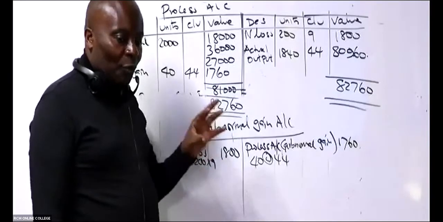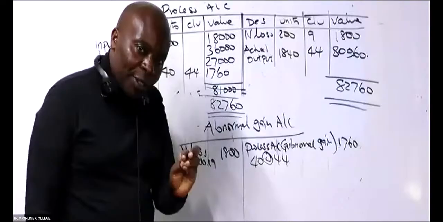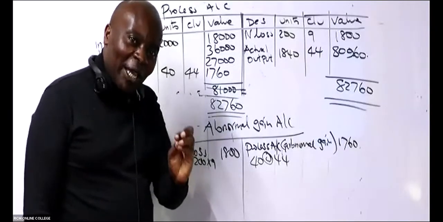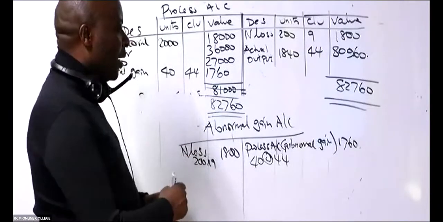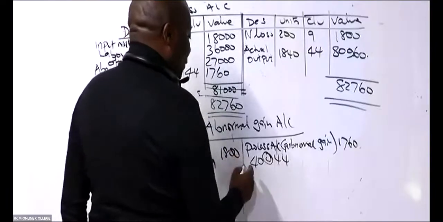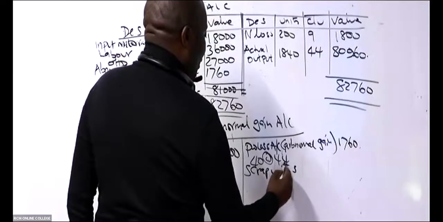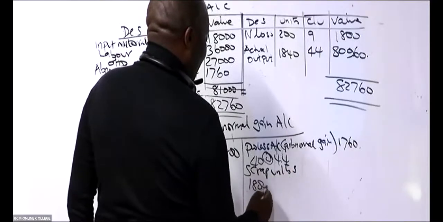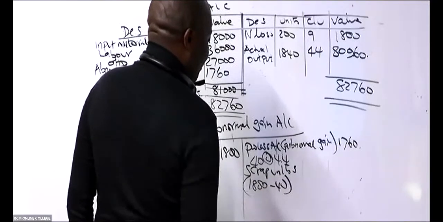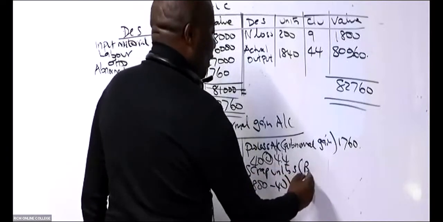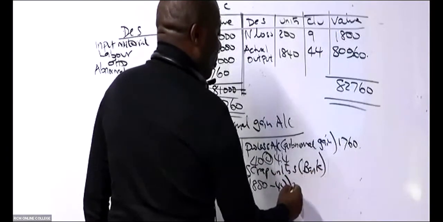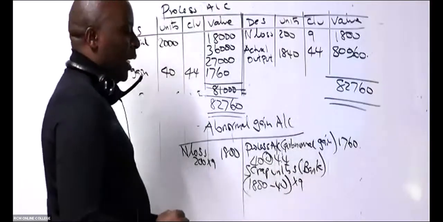So out of 200 expected loss, there is an abnormal gain of 40. So basically, in this case here, the scrap units will be 200 minus that 40. This one here, we shall sell them at 9 bob and receive the money in our bank account.